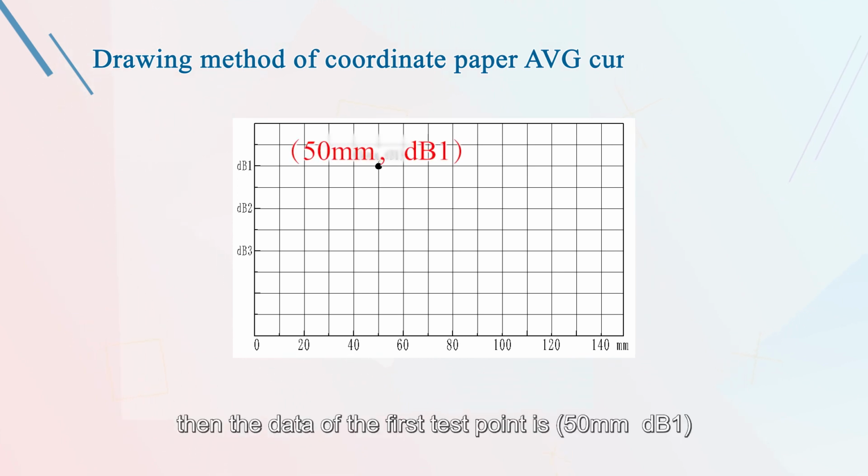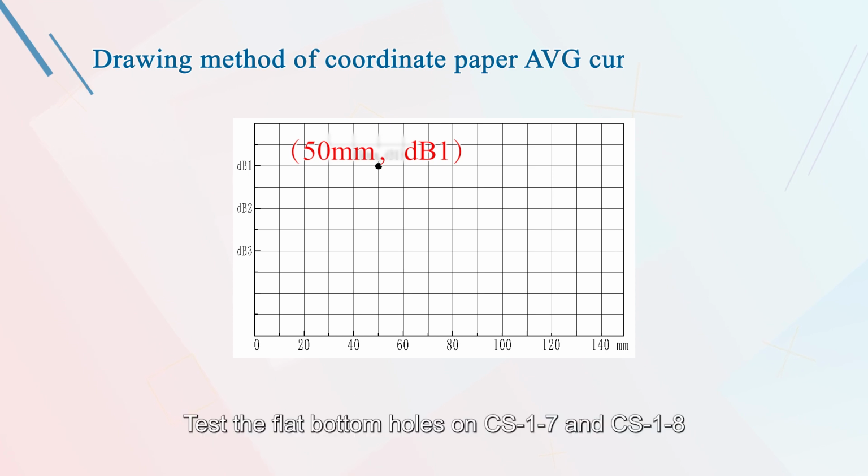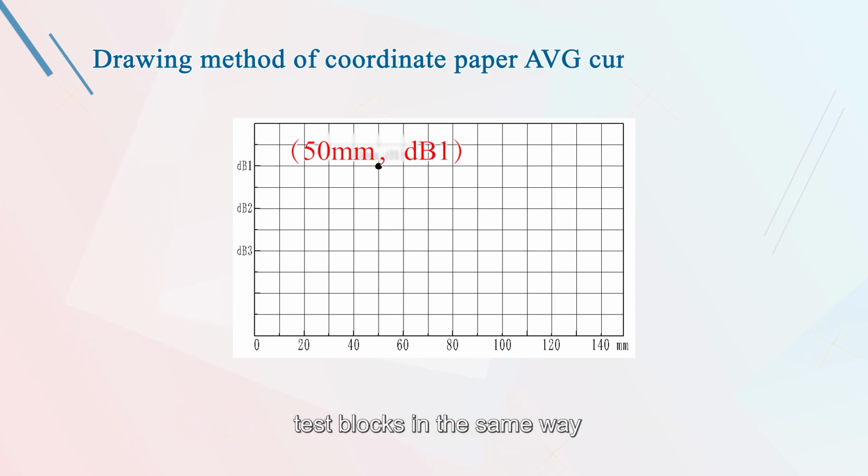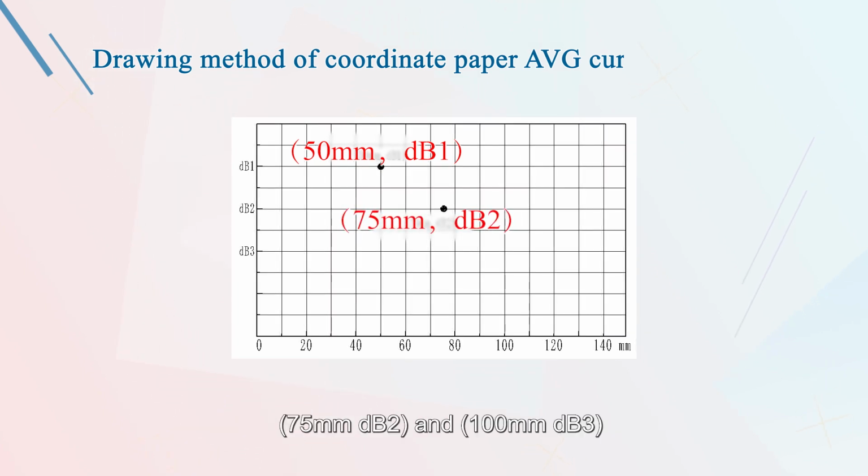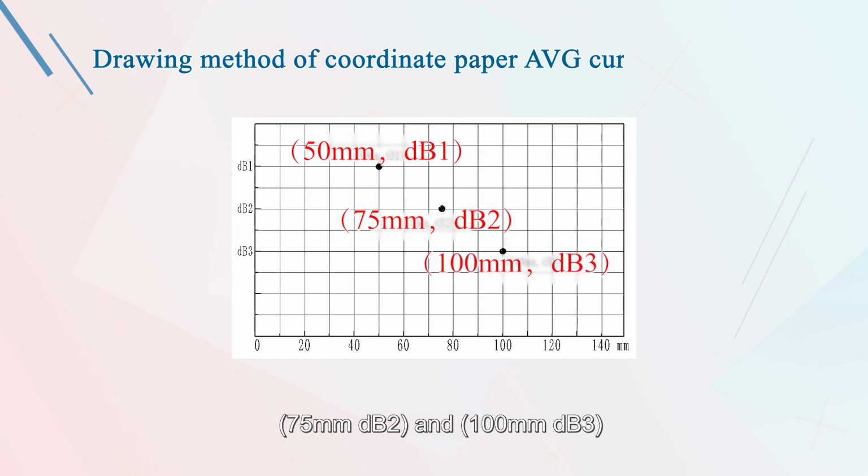Then the data of the first test point is 50 mm, dB1. Test the flat bottom holes on CS-1-7 and CS-1-8 test blocks in the same way to obtain the data of the other two test points, 75 mm, dB2 and 100 mm, dB3.